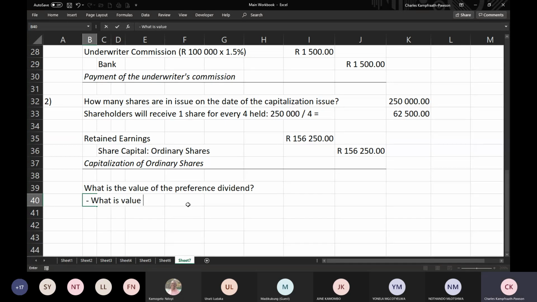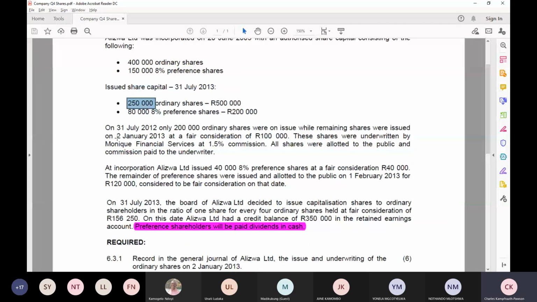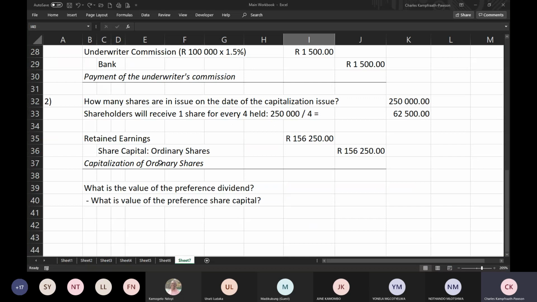What is the value of the preference share capital? Did we do another issue? Yes, we did. They say here at 31 July 2013, 80,000 preference shares were in issue, and they tell us that 40,000 were issued on the 1st of Feb 2013. So a total of 200,000 is in issue.